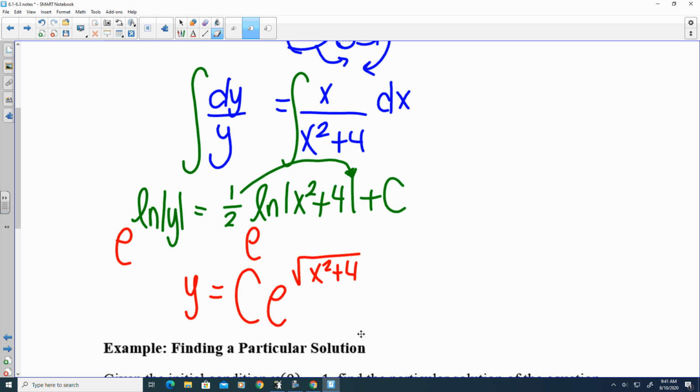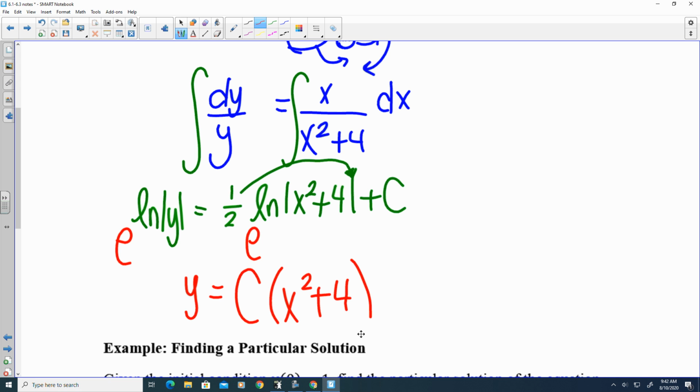Actually, sorry about that. Because the e cancels with the natural log, it's just going to be x squared plus 4, but the c does still stay at the front.